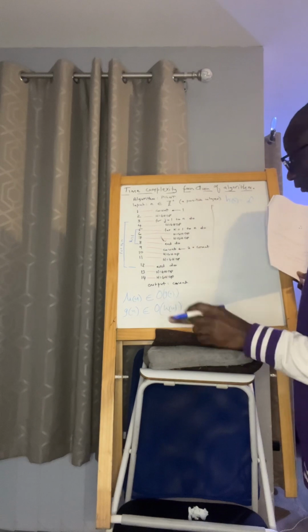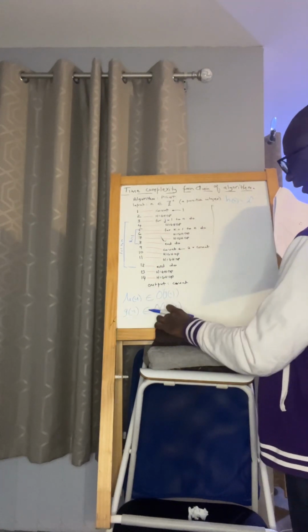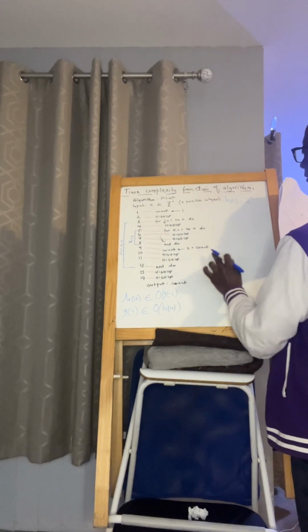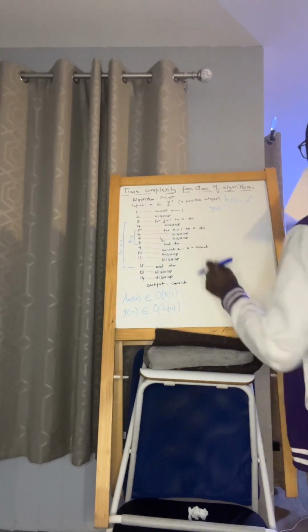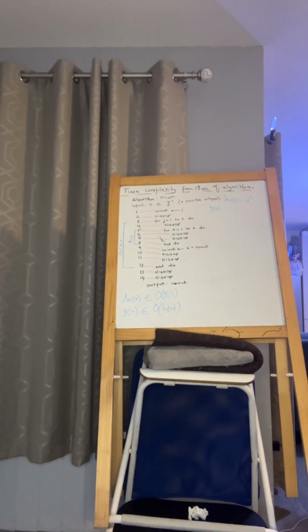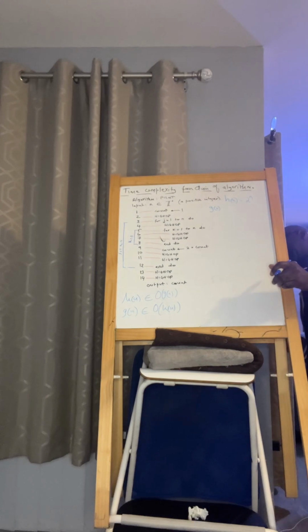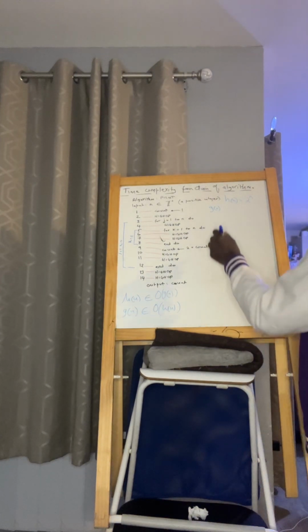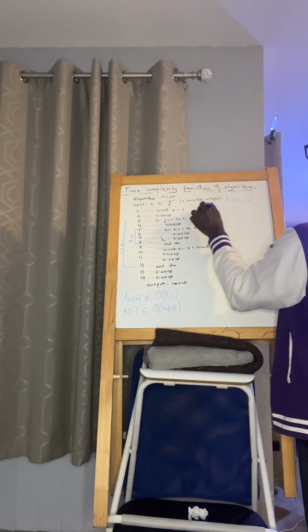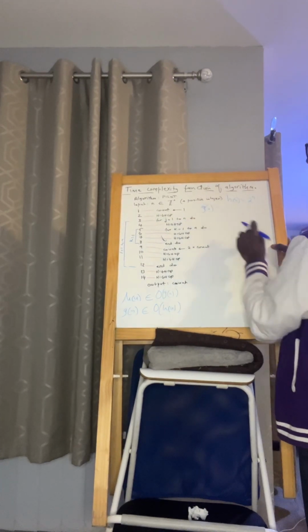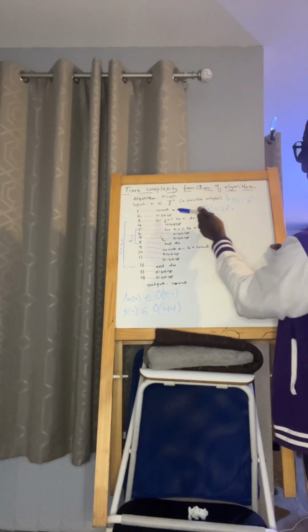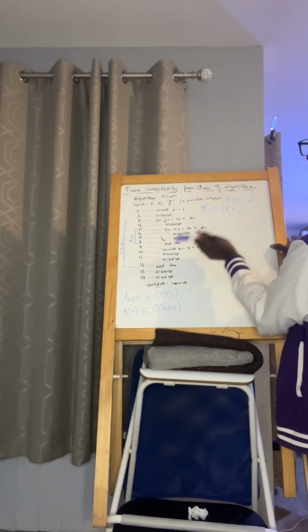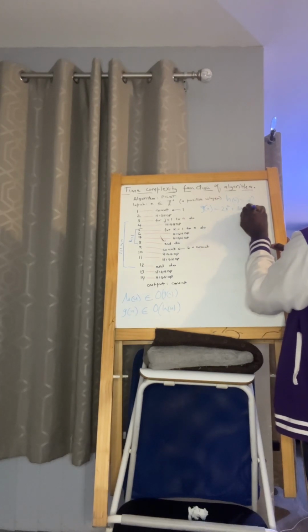When we solved this problem, what was g of n again? g of n was 2n squared plus 3n plus 3.